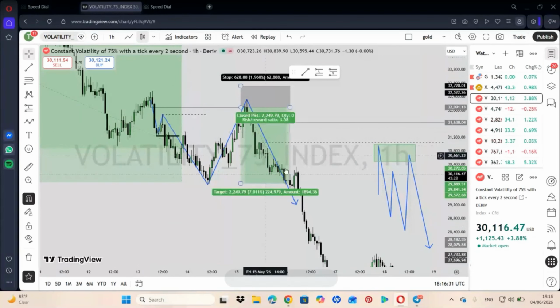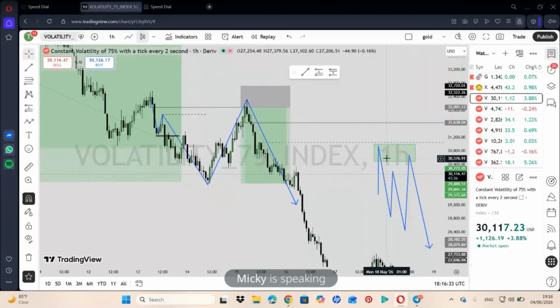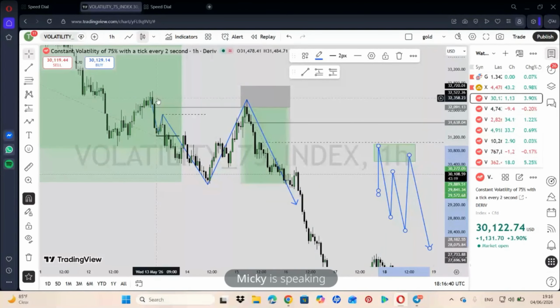I'll also show you it here. Let me show you this diagram. So this is our order block.